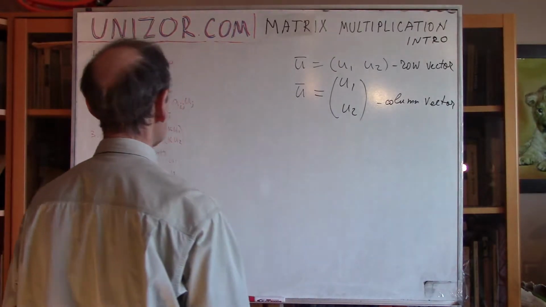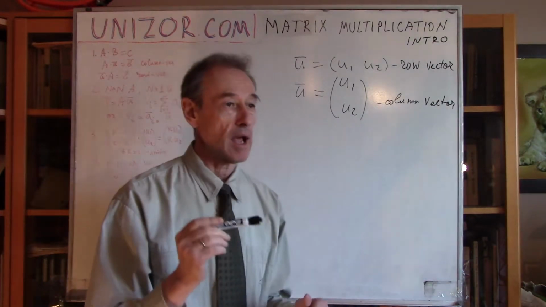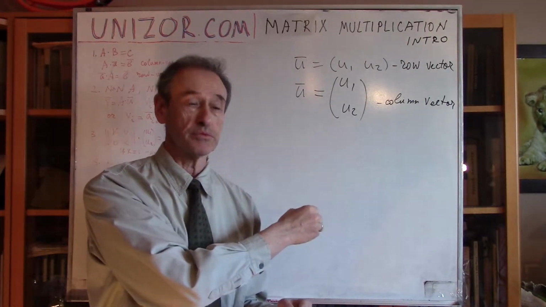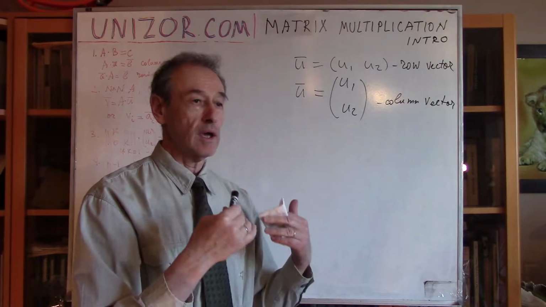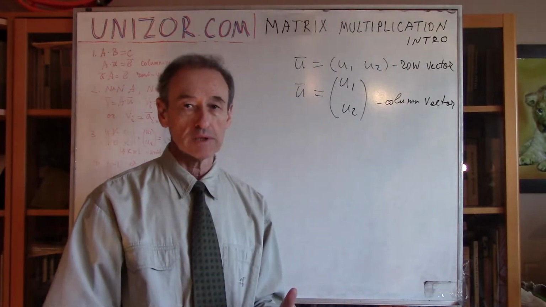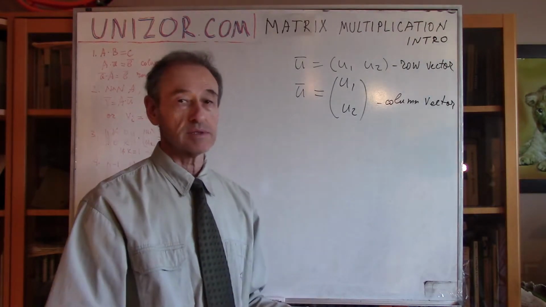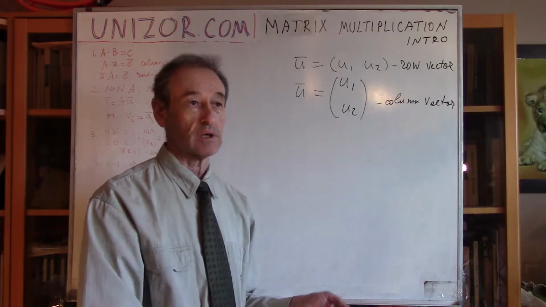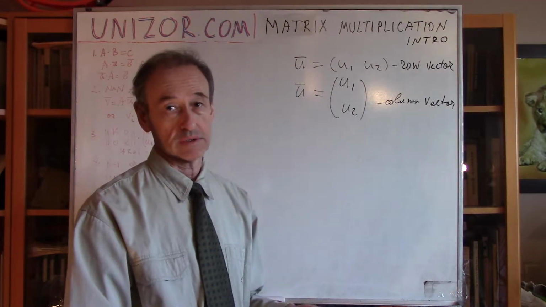All right. So what I'm saying now is that the multiplication of the matrix by vector, which I was talking about before, is also a kind of matrix multiplication. I'm just considering the vector as a matrix with either one row, if it's a row vector, or one column, if it's a column vector.